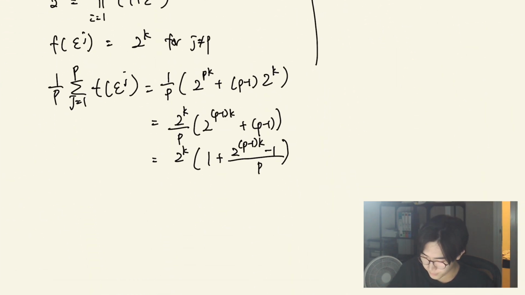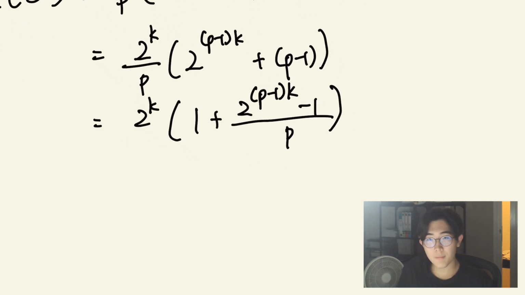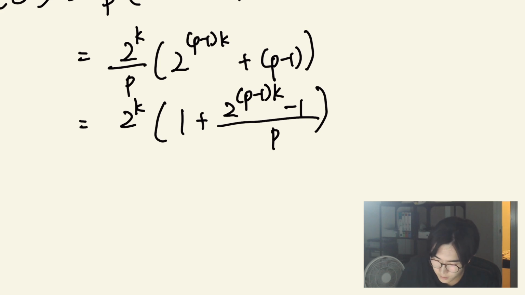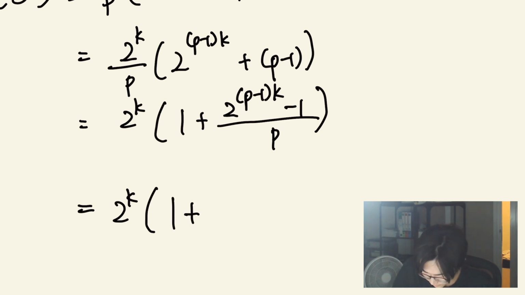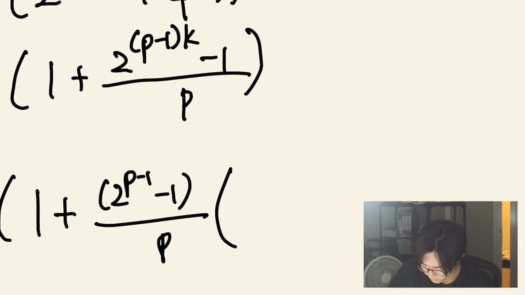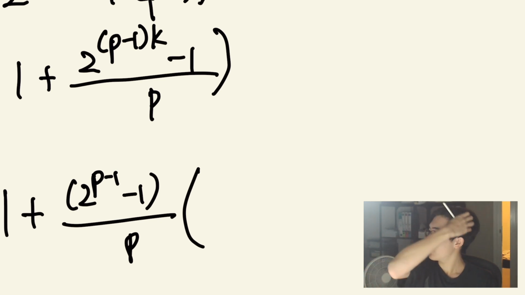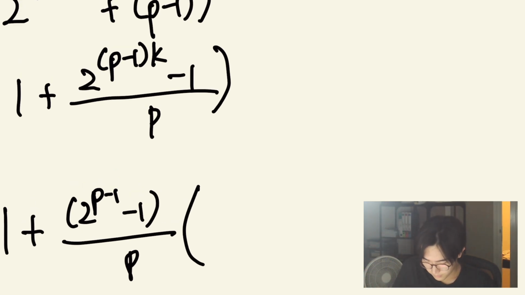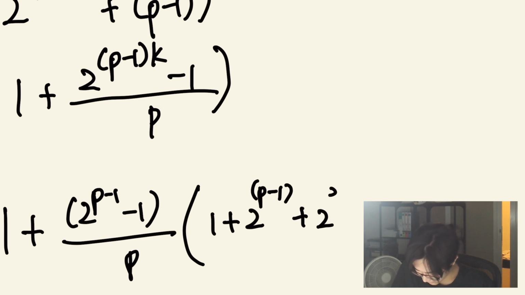So we can factorize out 2 to the power of p minus 1 to get, all the way until 2 to the power of (k minus 1)(p minus 1).